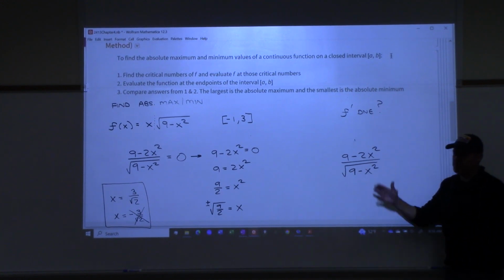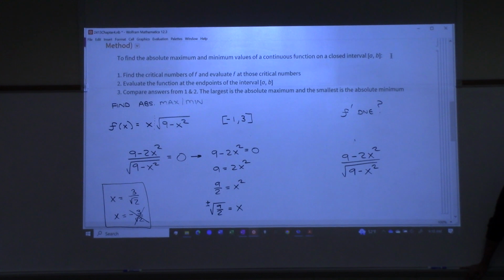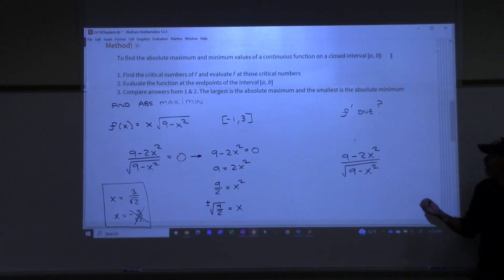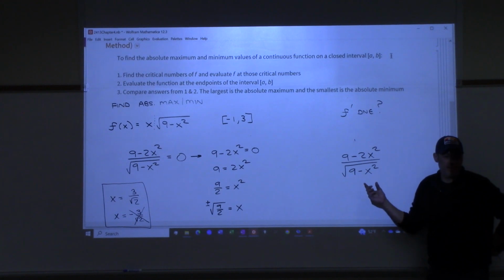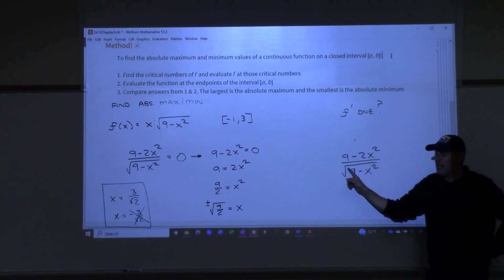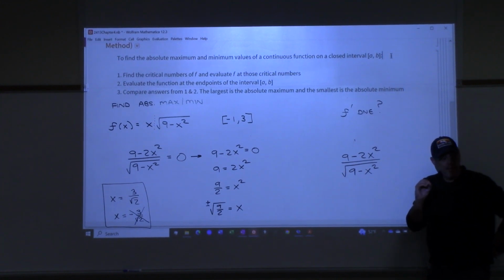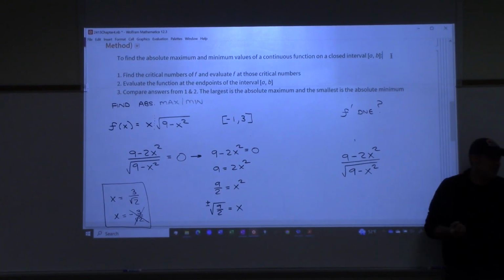Okay, so we look at this and we ask ourselves, hey, is that ever going to have a problem, right? Is there ever a value of x that I can plug in that's going to mess this thing up? Well, the only thing that's going to mess this up is if something in here creates either a 0 or a negative number, right? So what's under here has to be strictly a positive number.